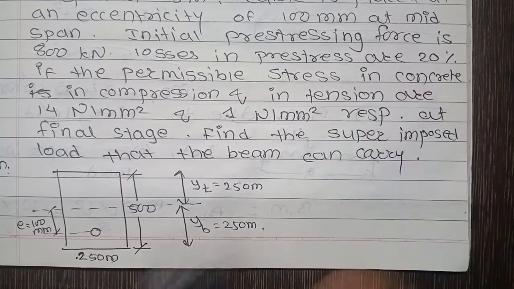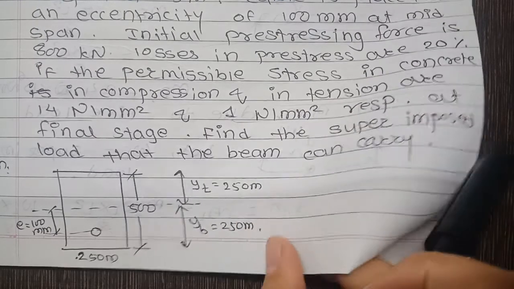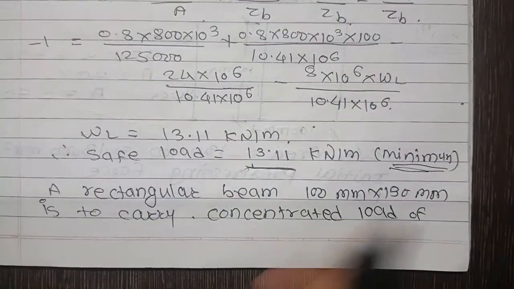First of all, we know how to find Yt and Yb, the distance of the top fiber from the centroidal axis or the distance of the bottom fiber from the centroidal axis, that is d by 2. Yt equals Yb equals 250 mm, because the section is symmetrical, that's why Yt equals Yb equals d by 2. 500 divided by 2, we got Yt and Yb as 250 mm.